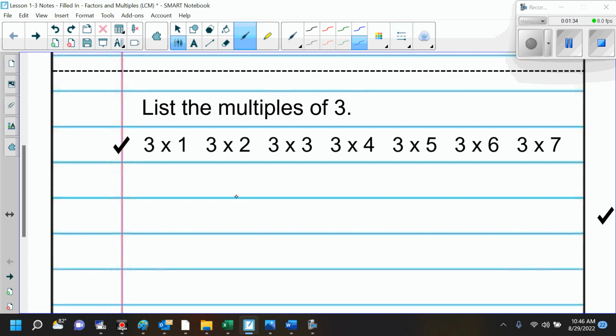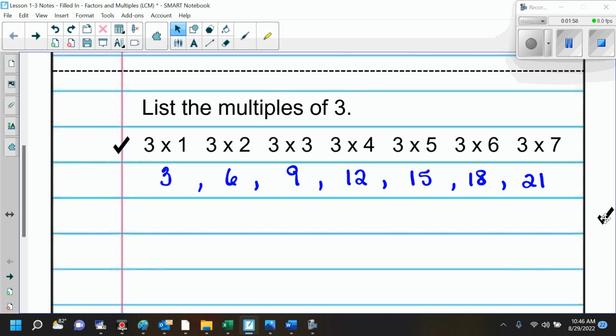So here the multiples of 3 would be 3 and 6, 9, 12, 15, 18, 21. Is that all there is? No, because I could do 3 times 8, right?